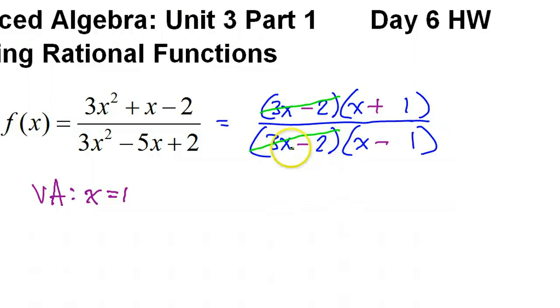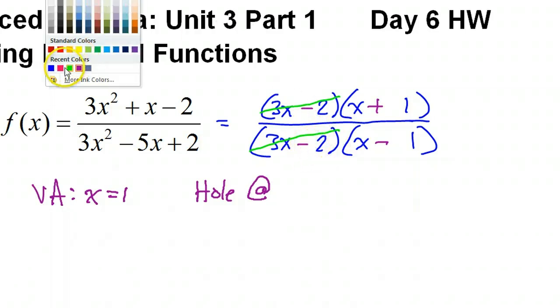Now, because this factor canceled out, it's going to give me a hole. So let's be real careful. I'm going to have a hole at something. Let's go ahead and set this equal to 0.